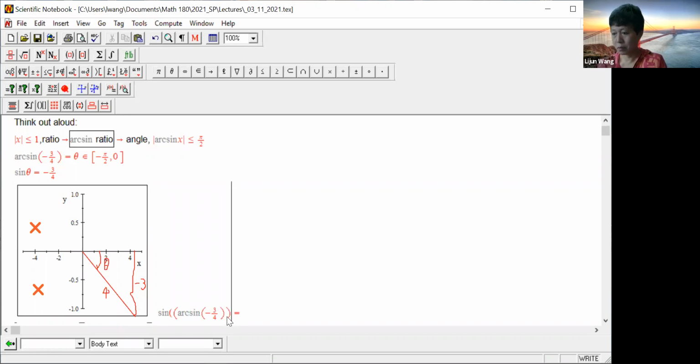Oh, this is a little bit awkward. Okay, that's nicer. We have assumed this is theta, so we have sine theta. And what is sine theta? Sine theta is negative 3/4. So the answer to this question is really just negative 3/4.